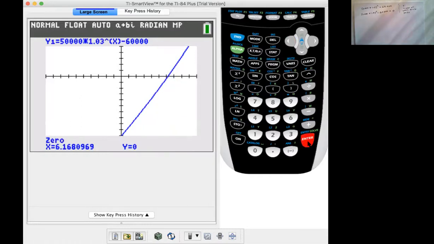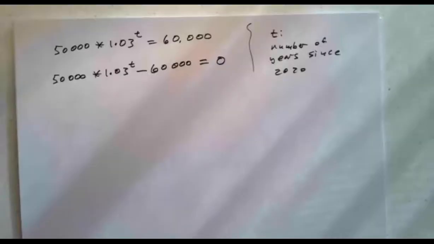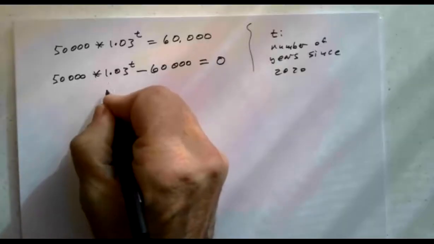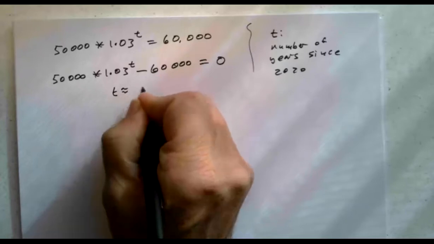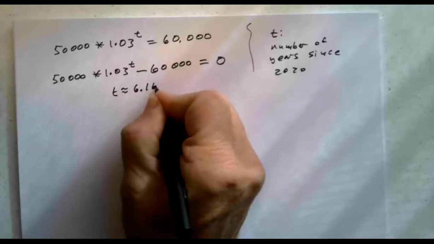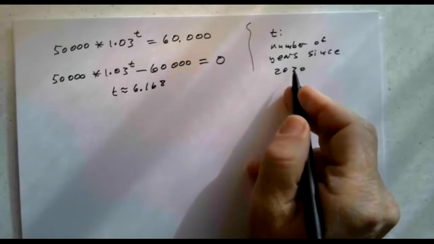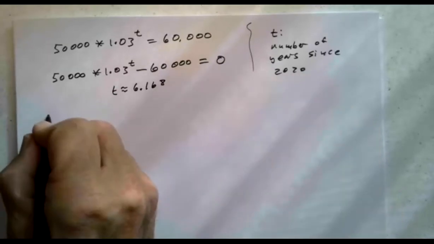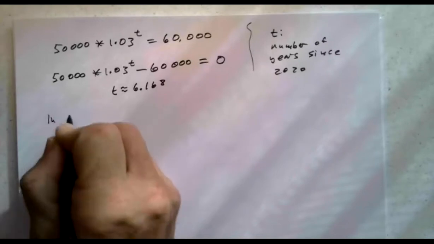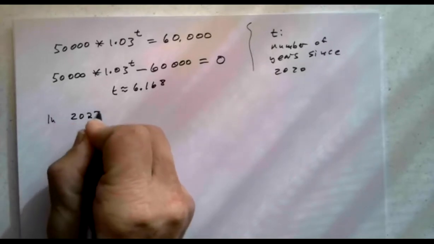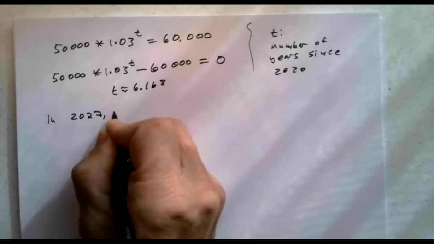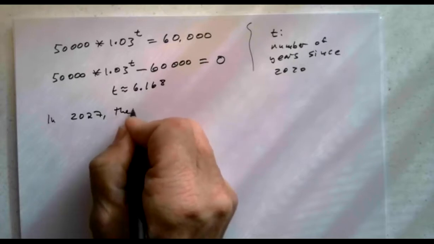And we get 6.168 approximately. So here we get t is approximately 6.168. So again, years since 2020, so 2026, not quite. So in 2027, they will earn at least $60,000 a year.